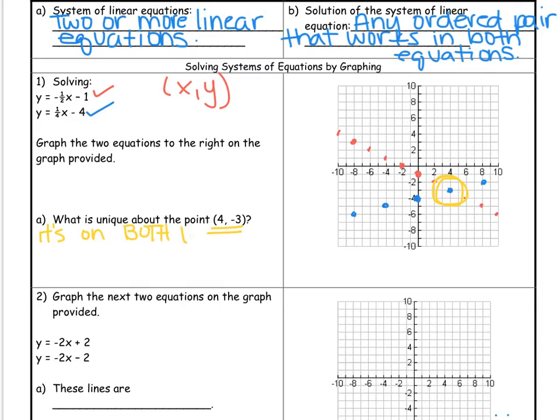And how do we know that? Because our lines went through that point. And it's also the point of intersection for both of these linear equations. And that's what we're looking for. This point right there is what we're going to call our solution.